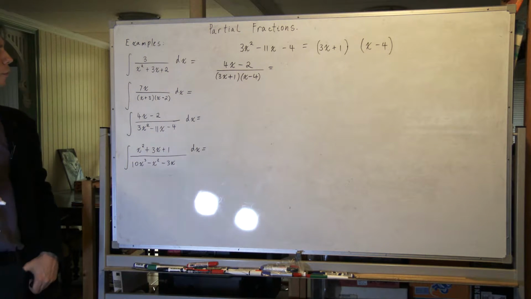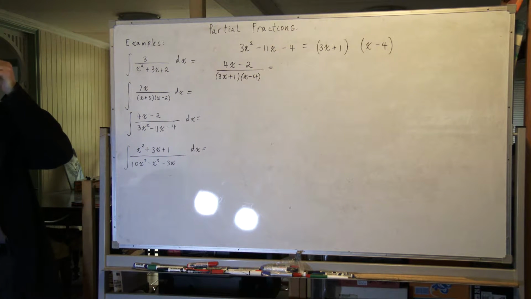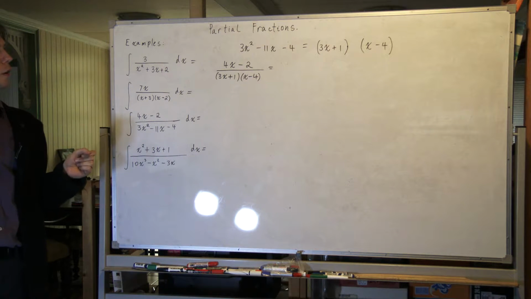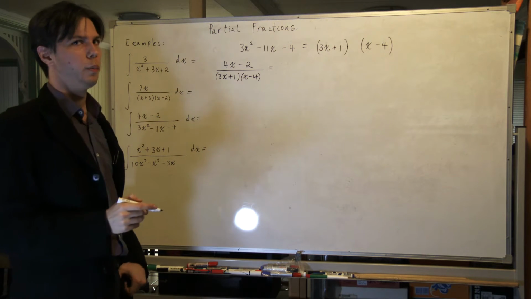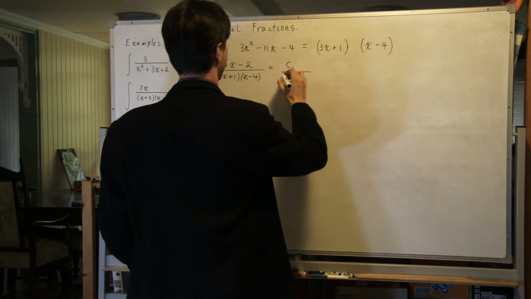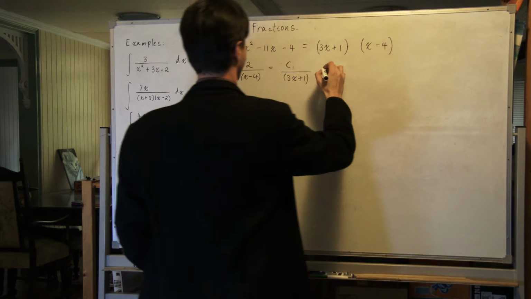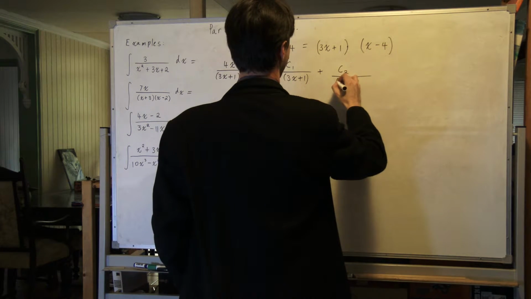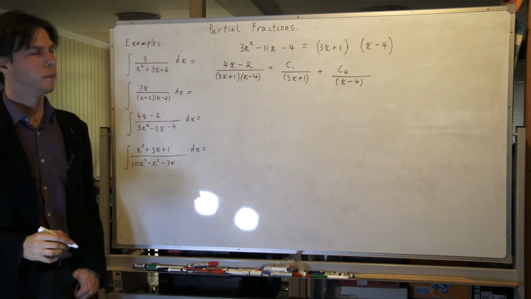So I write my numerator over my factored denominator, and I express that as a linear combination of, well, reciprocals. Anyway, I write it in the normal partial fractions way. There we are.